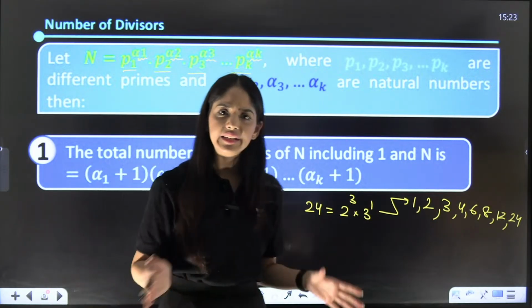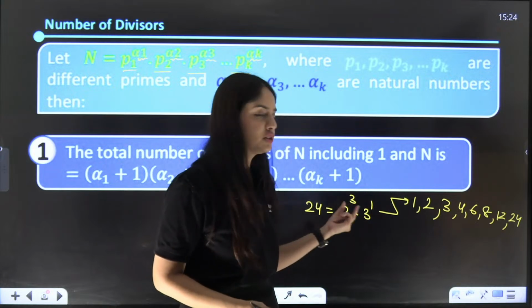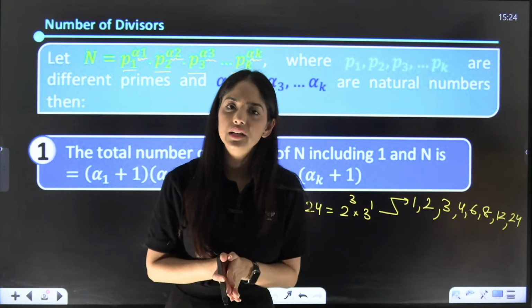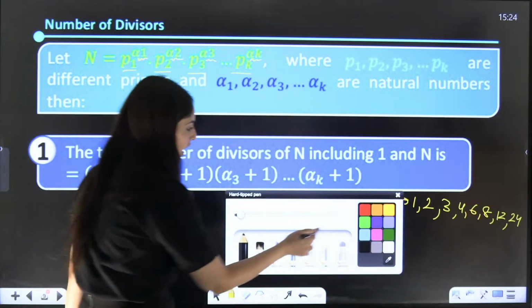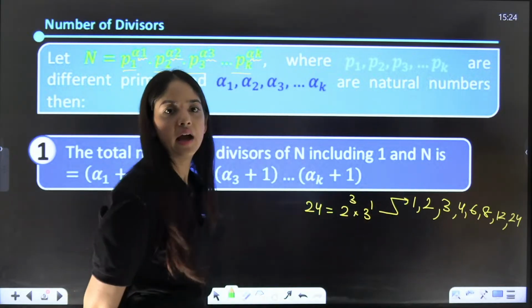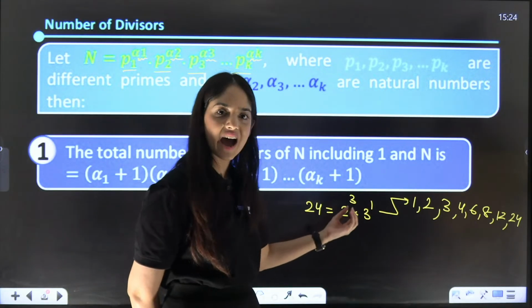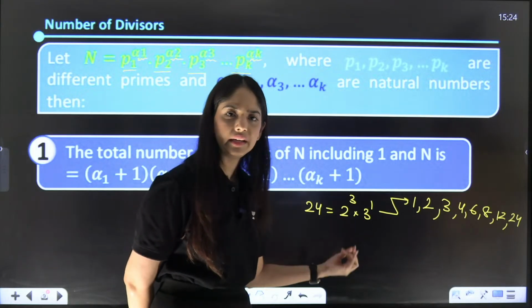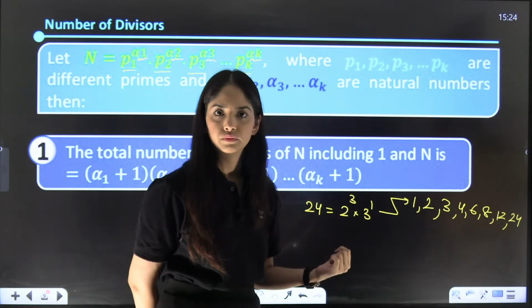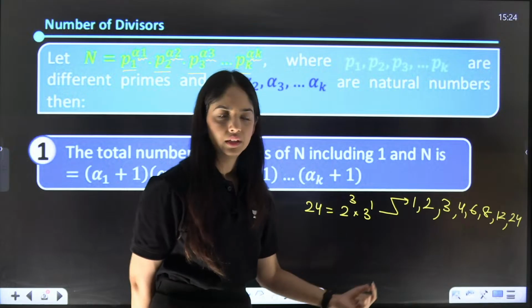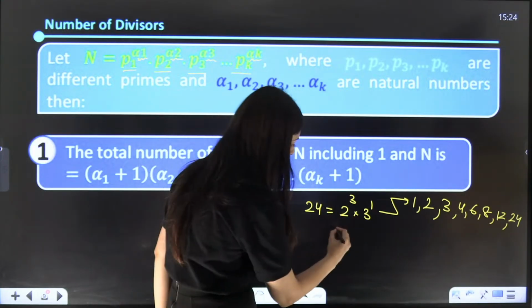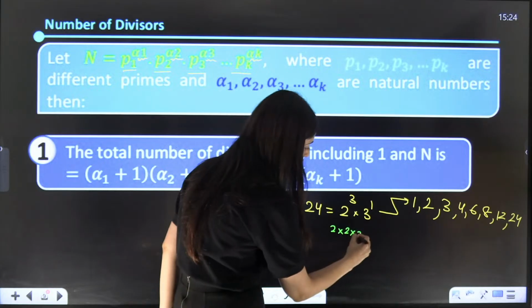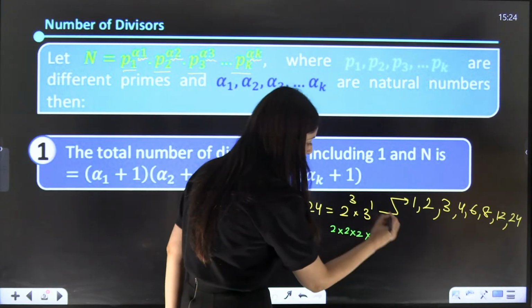But for any number, if we have its prime factorization, how can we calculate the number of divisors? Just like before, our new problem is, out of these, we have to select any divisor, right? Now, for this, we have 3 2's. This means we have 3 2's and this means we have 1 3.